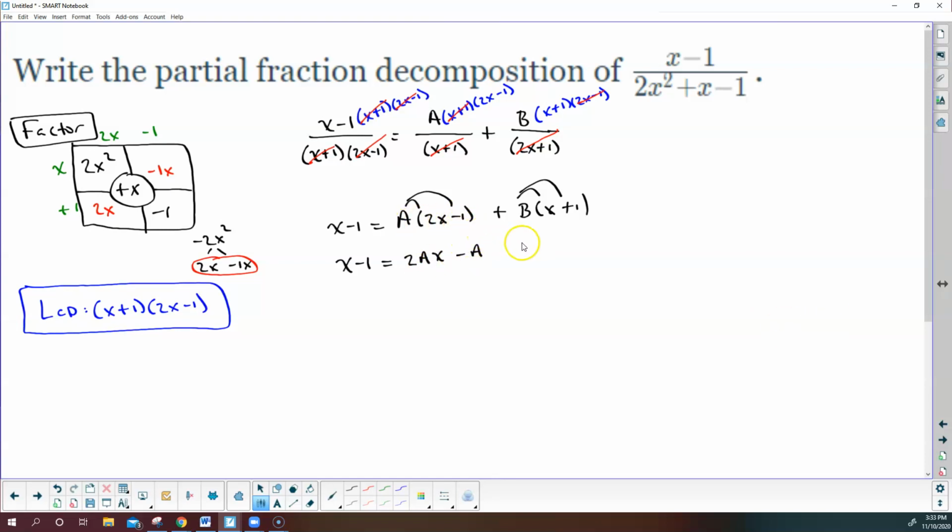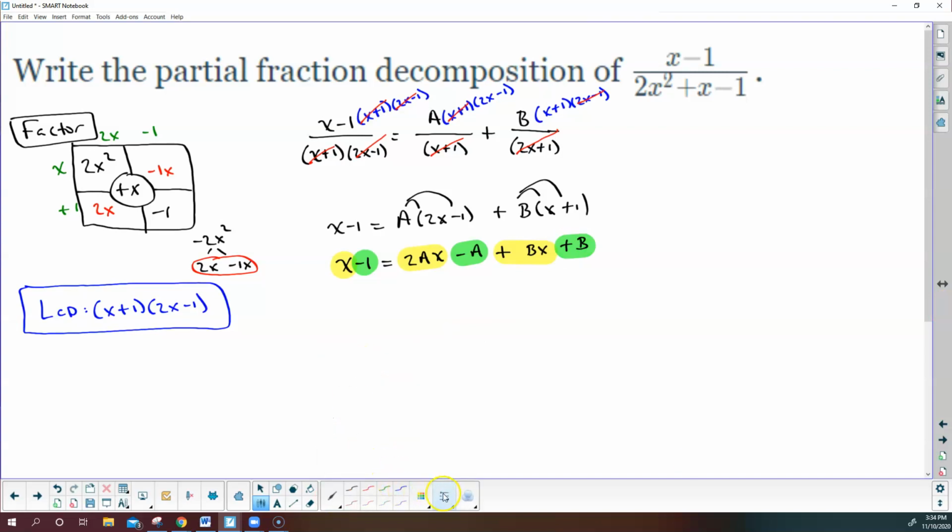I just call that negative a. And now we're looking for how did I get my x terms, right? Well, the x terms came from the 2ax plus the bx. And how did I get my constant term? That came from a minus a and a plus b.